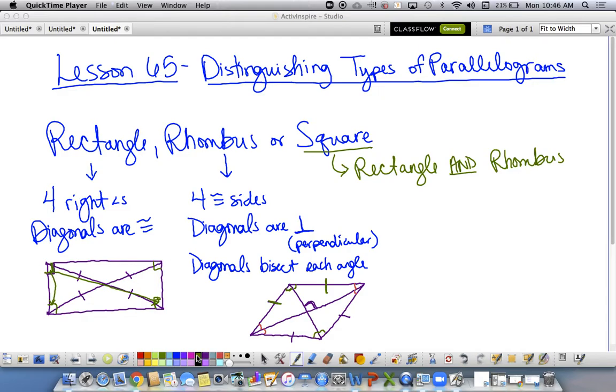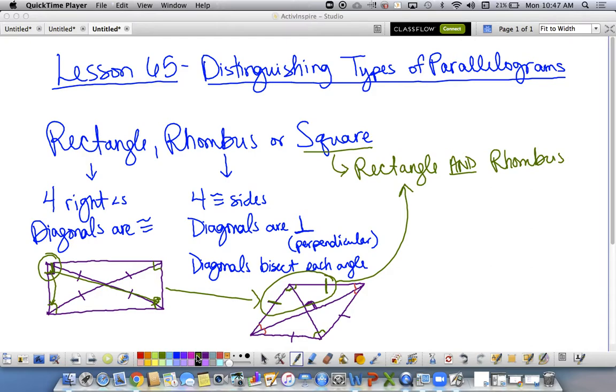Now, question, if you had one right angle, meaning it's a rectangle, and consecutive sides that are congruent, what would we have? We would have a rectangle and a rhombus, which would mean it is a square. That's correct.